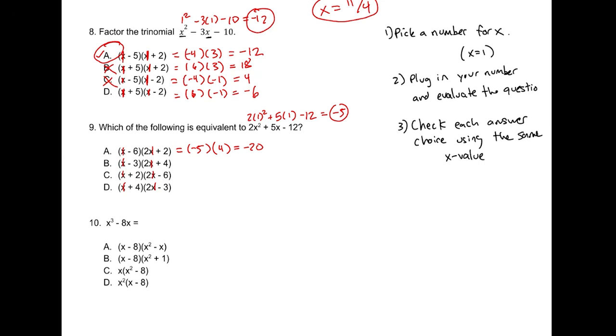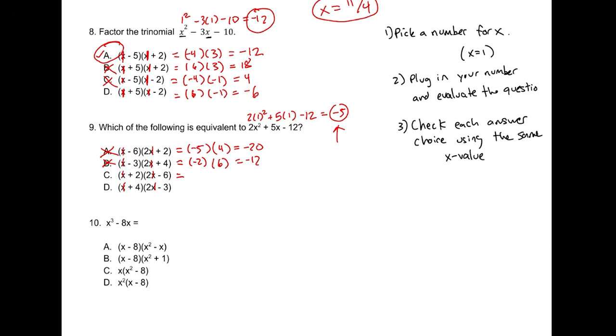So that's not exactly what we want, so we're going to say that it's not A. For letter B, 1 minus 3 is negative 2, 2 plus 4 is 6, and negative 2 times 6 is negative 12. Again, not what we're looking for here. We're looking for negative 5.